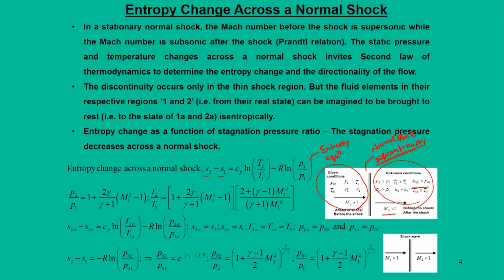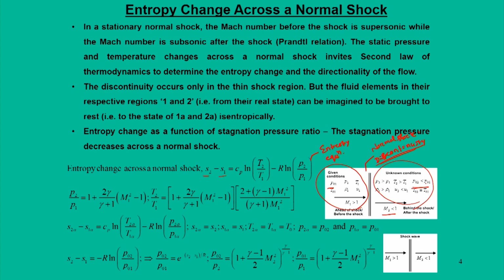But I have already mentioned that the flow field before the normal shock and the flow field after the normal shock can be considered isentropic throughout. This is the basic assumption. Based on this we introduce stagnation pressures and stagnation temperatures.